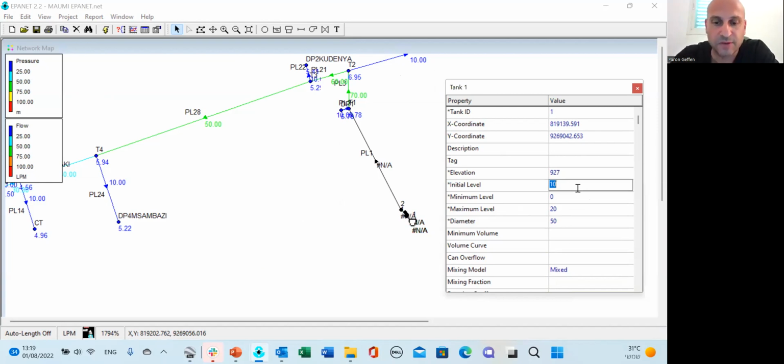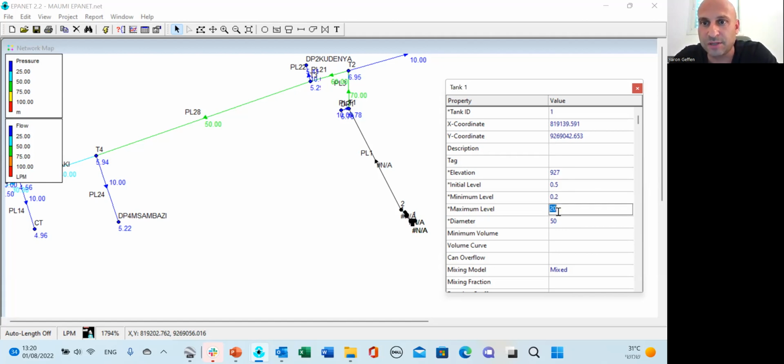And the initial level, since it is located right above the ground, I will say it will be half a meter. Okay, the minimum level is 0.2 because there is a concrete floor over there.